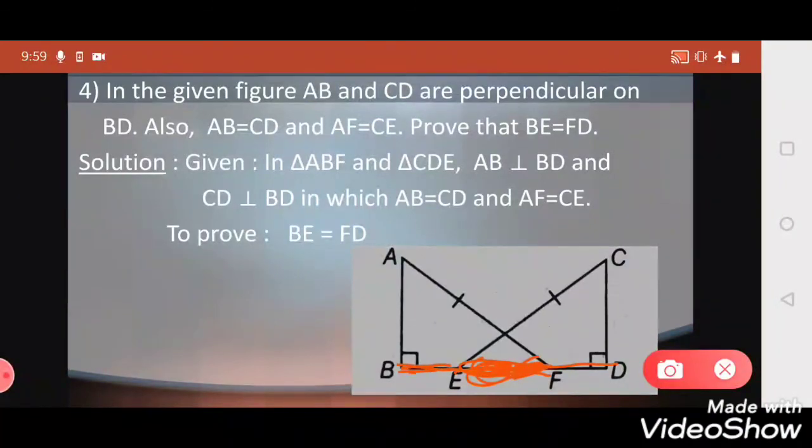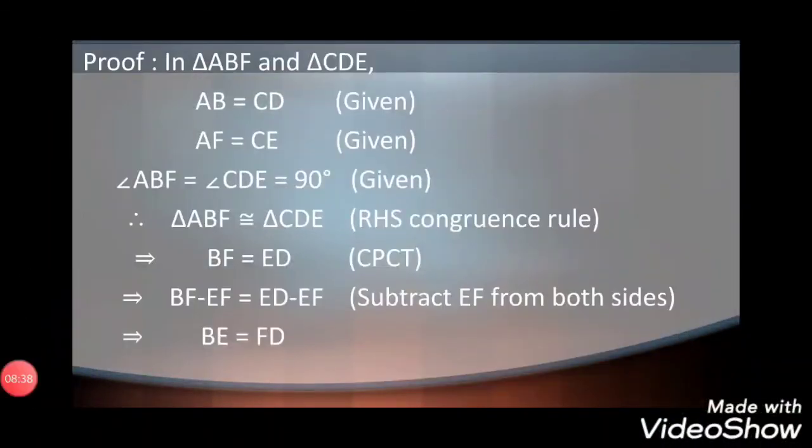This much part will be left. And on right hand side, that is DE minus EF, means here we are subtracting here, so we will get DF here. So, we get BE equal to FD. Hence, proved.